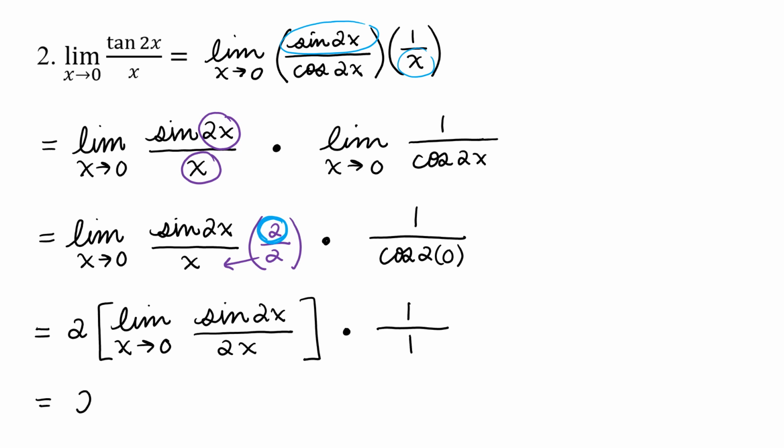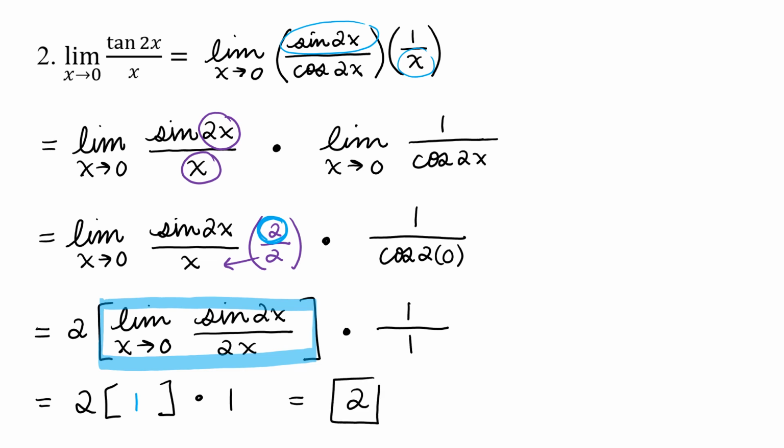So now I have 2 times, this is now in the format of one of our known limits, and it is equal to 1, so I have 2 times 1 times 1 from that 1 over 1. So that is equal to 2. And that is what my limit evaluates to.